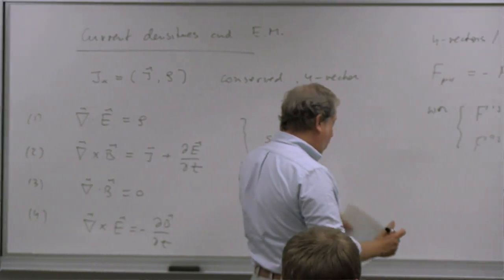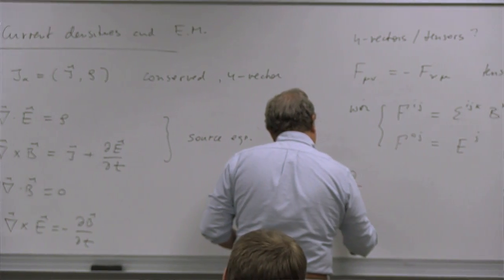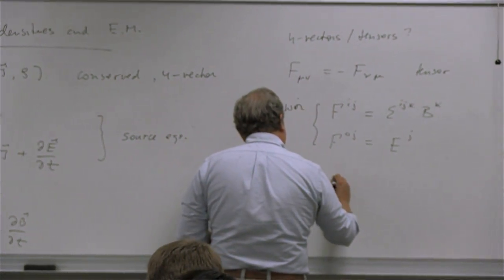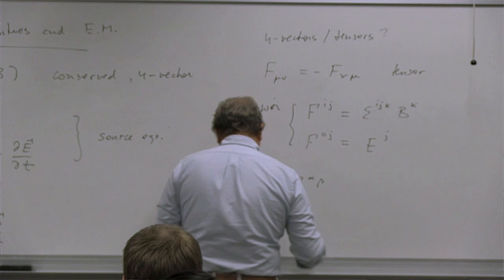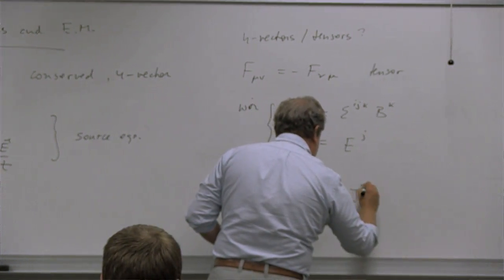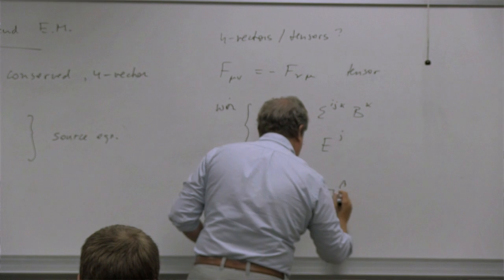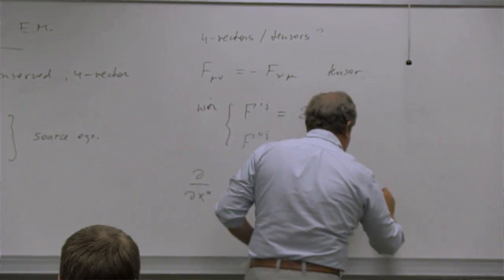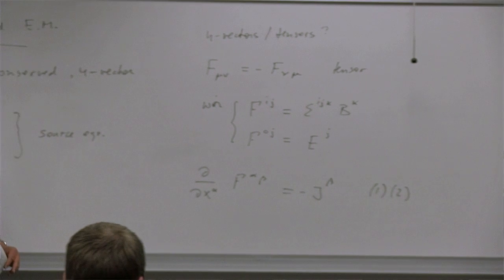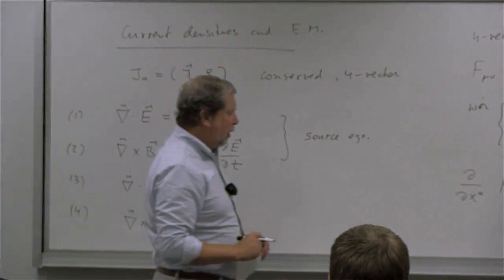And the first two equations are that d by dx^alpha of F^{alpha beta} is equal to minus j^beta. So that's equations 1 and 2. And I'll leave that as an exercise for you to convince yourself that this is actually the case.